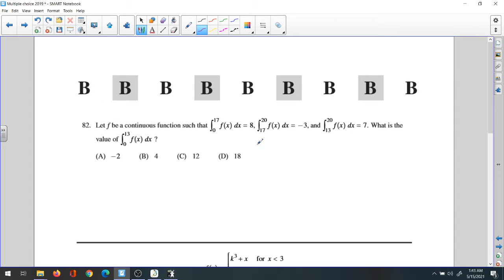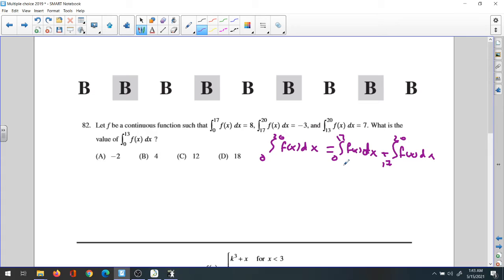So we know that the integration from 0 to 20 of f of x dx equals the integration from 0 to 17 plus the integration from 17 to 20.